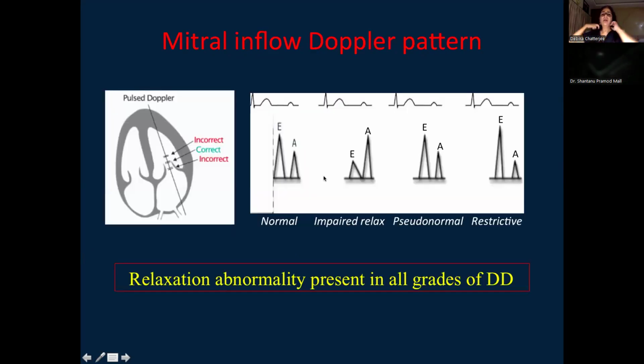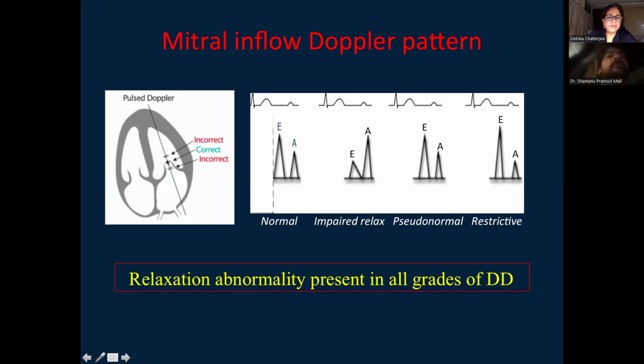Now let us go to the mitral inflow Doppler pattern. After the LA volume, this is very important. How do we do it? We go to the apical 4-chamber view, and we get the cursor. Where do we place the sample volume?